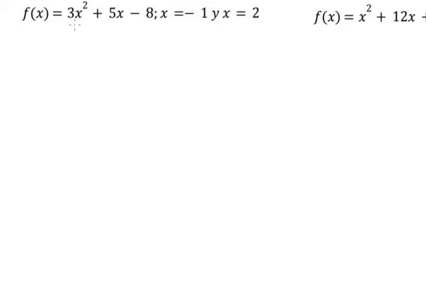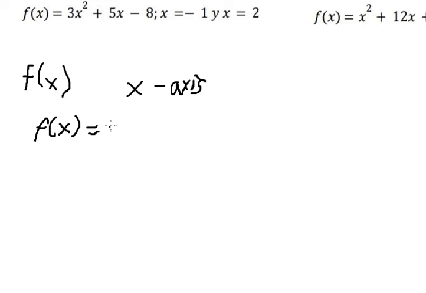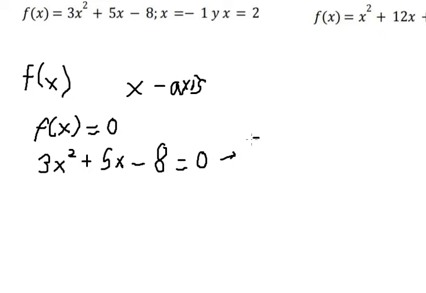First, we need to find the intersection between f of x and the x axis. So that means f of x equals 0. And we have the functions in here. We calculate this one, so we have two solutions.